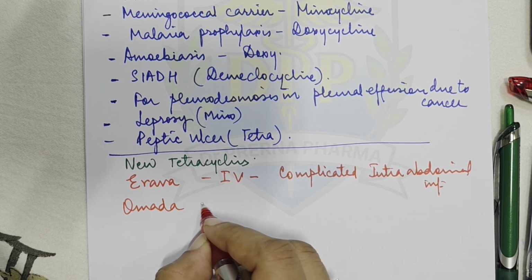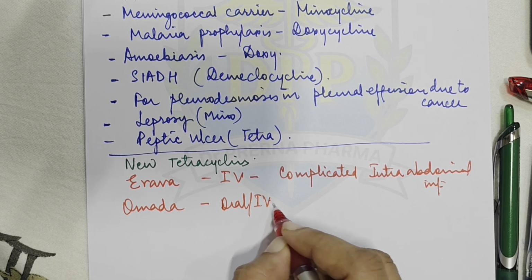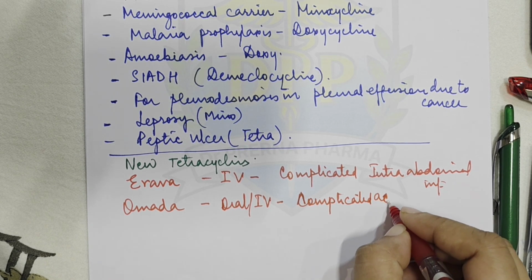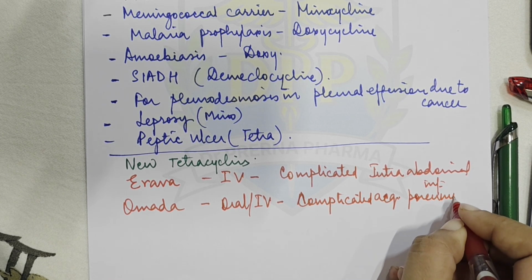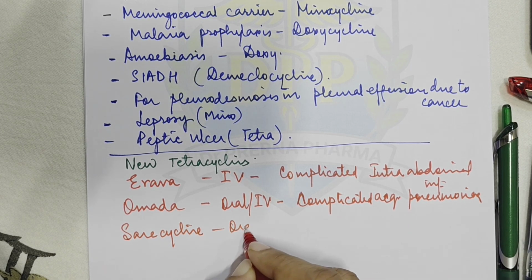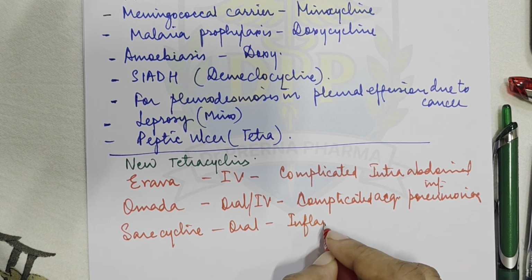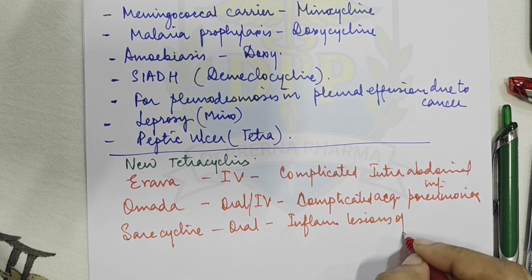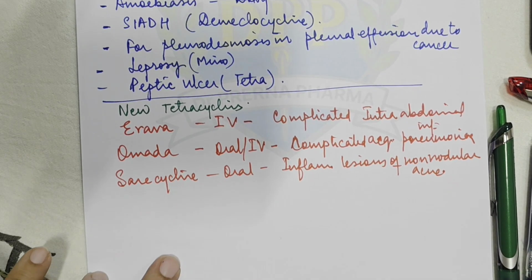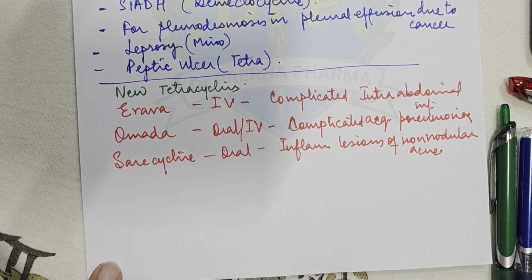Then omadacycline is used orally or IV in community acquired pneumonia. Then sarecycline is used orally in inflammatory lesions of non-nodular acne, right? So these are the new drugs that can be used.